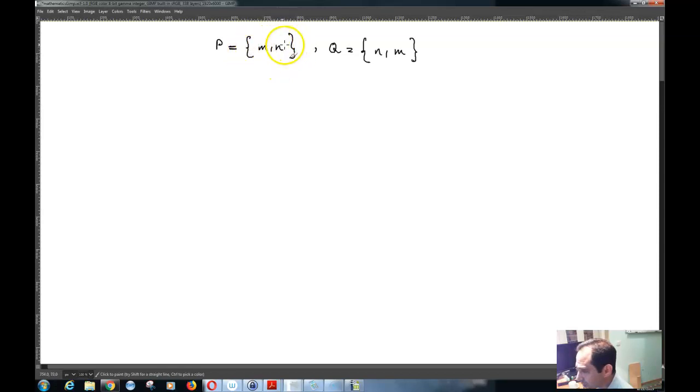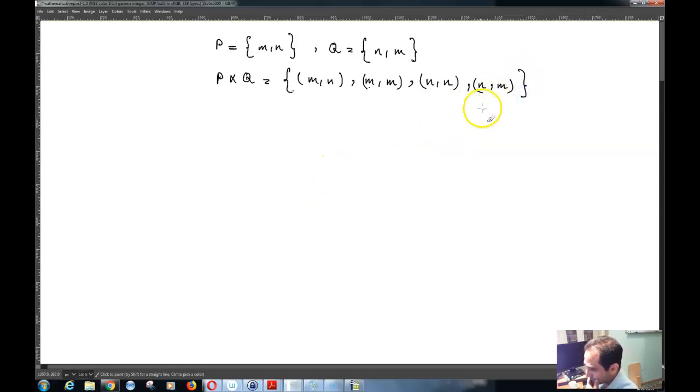Then P times Q is going to be M comma N, M comma M, N comma N, and N comma M. So that's the elements of that set.